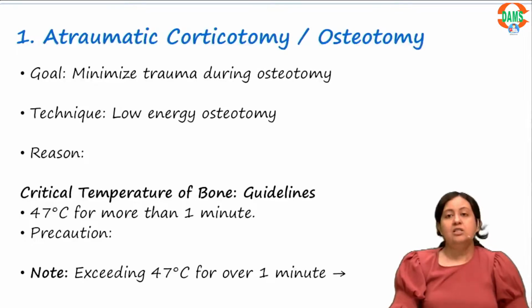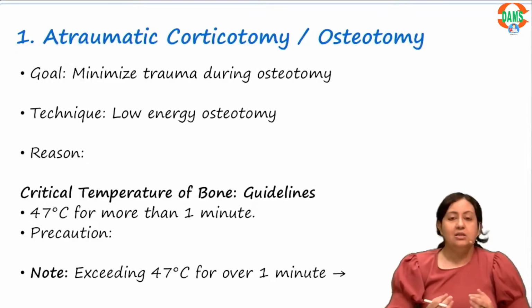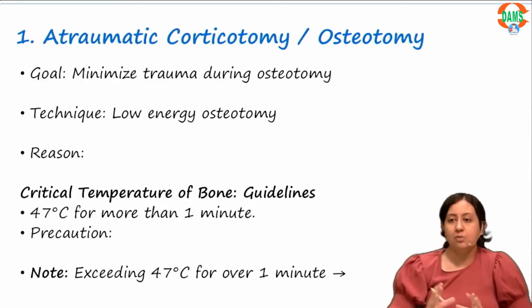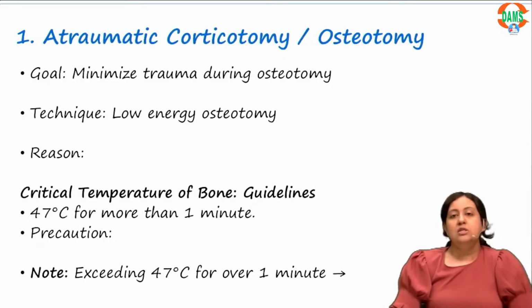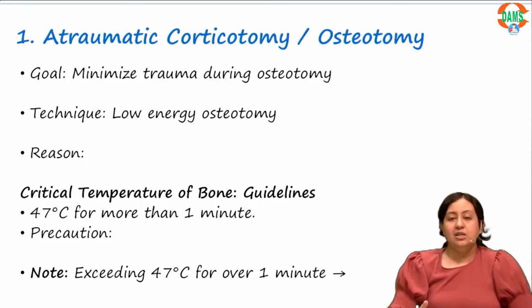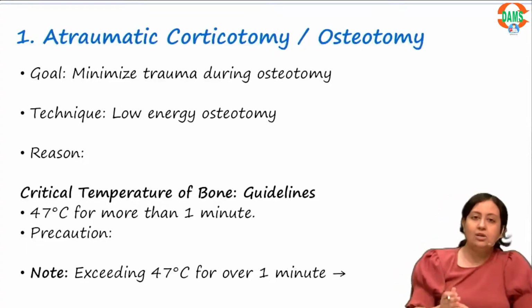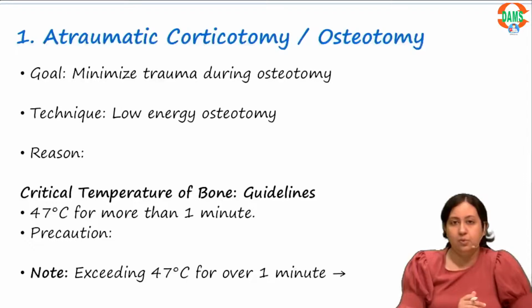Its periosteal blood supply is not as good as that of a facial bone. That is why corticotomy is used for long bones. You don't need to get into the details. You just need to remember that for face or head and neck distraction osteogenesis, we do atraumatic osteotomy, that is through and through or complete division of the bone.